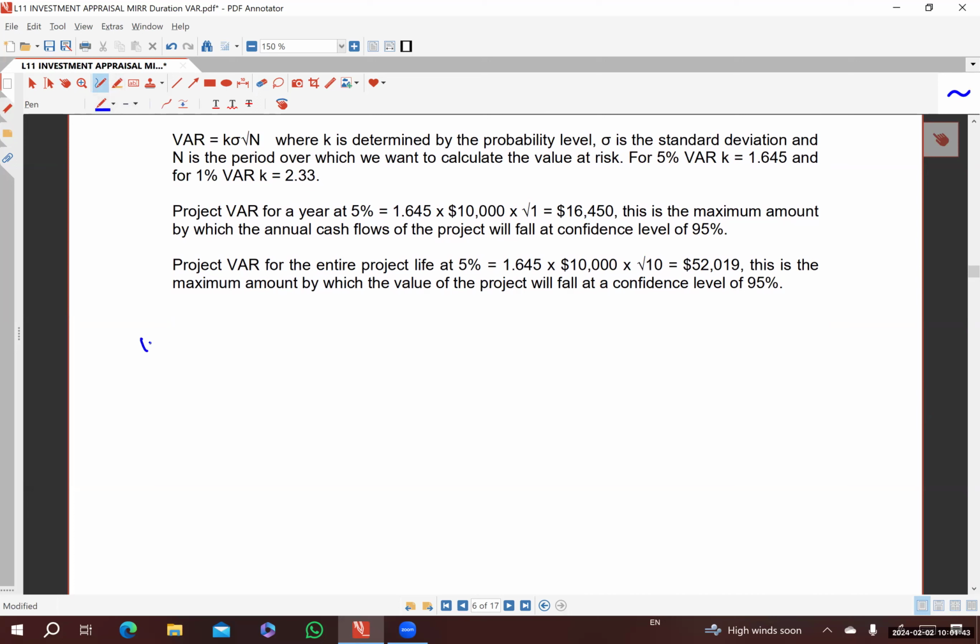Okay, VAR, projects value at risk. As I explained first, VAR, projects value at risk.